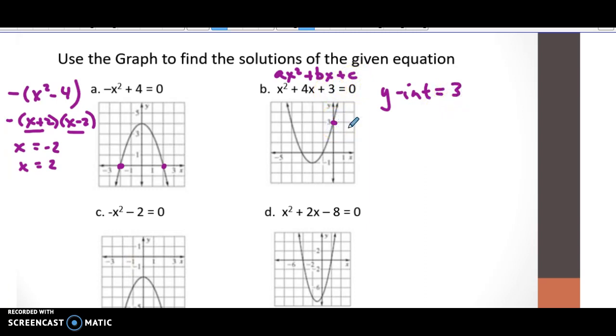But what I'm looking for are my solutions. So before, where we might have factored this to x plus 1, x plus 3, and found our roots to be -1 and -3, now we can look at the graph and see those. I have one x-intercept at -1 and an x-intercept at -3.